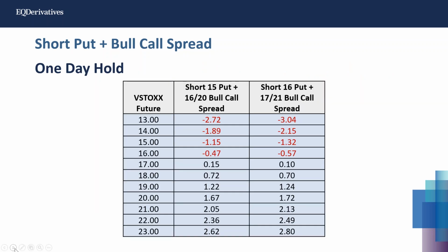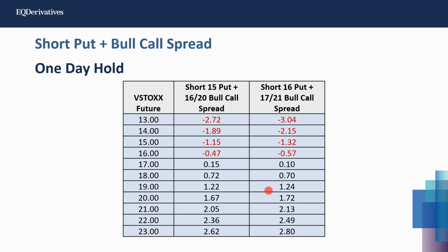Taking a look at the payoff table for these two, you can see that if we just edge up to 17, you've got a small profit there. This one is a little more dynamic than the other two spreads. To about here, you do better with the 15-16-20 spread.